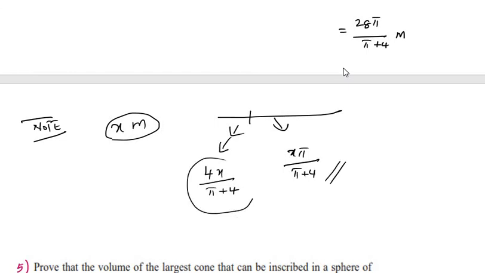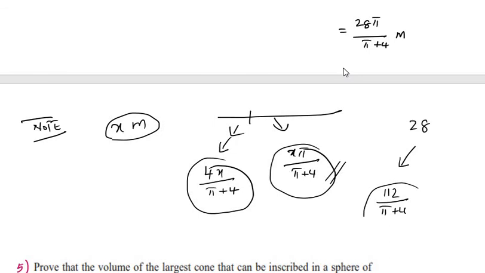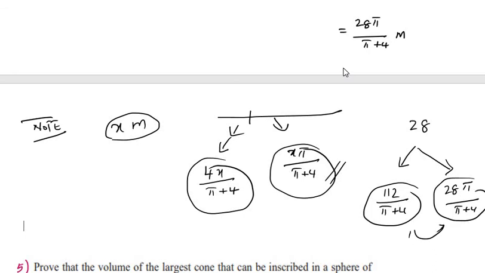Here this is 4x by pi plus 4, and this is pi x by pi plus 4. In our problem, what is the length of the wire? 28. Therefore, the length of the wire made into a square is 4 into 28, that is 112 by pi plus 4. We got the answer. This is for rechecking, or if they ask an MCQ, we can answer. Then for the circle, 28 into pi by pi plus 4. See, within no time we can get the answer for this problem.